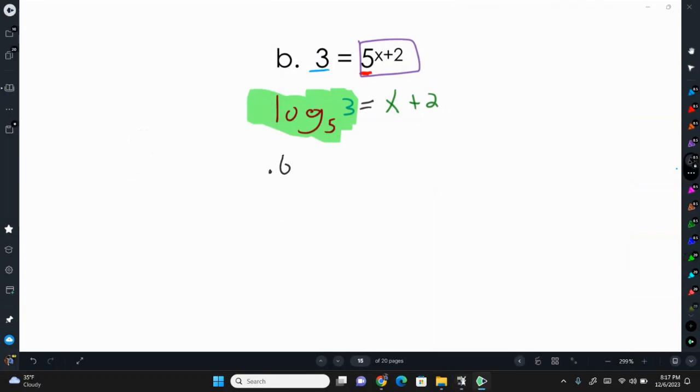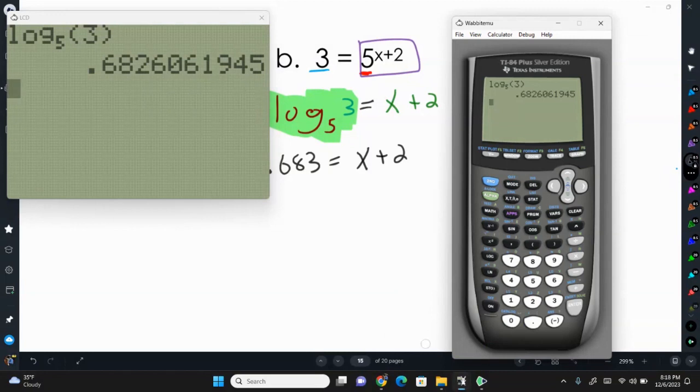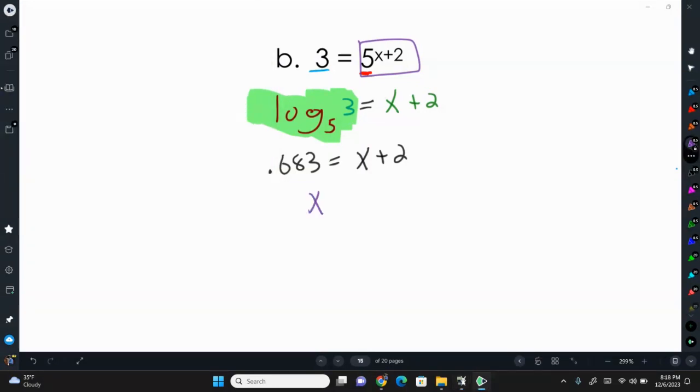So 0.683 equals x plus 2. And then when we subtract 2 from both sides, it was 0.683 minus 2. And we get negative 1.317.